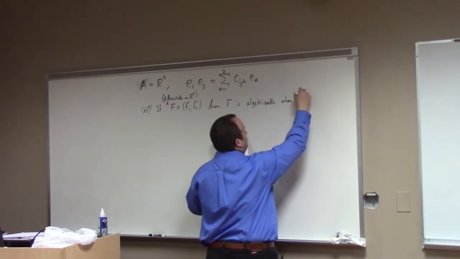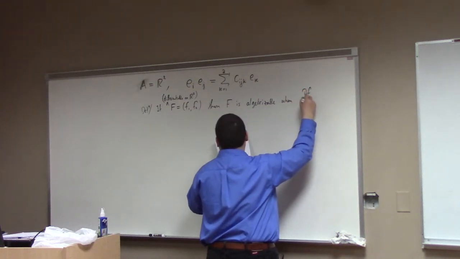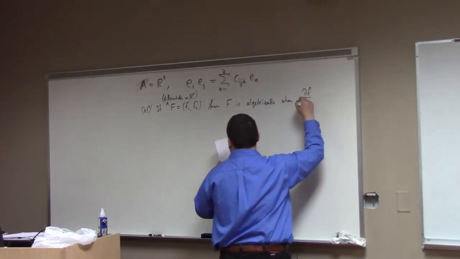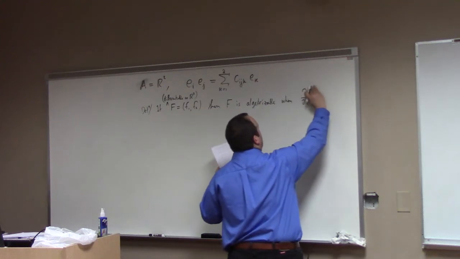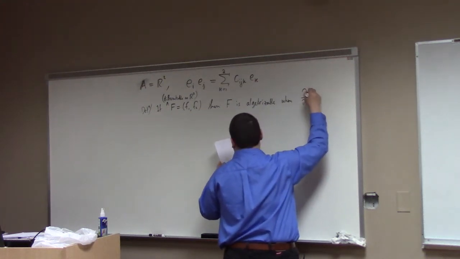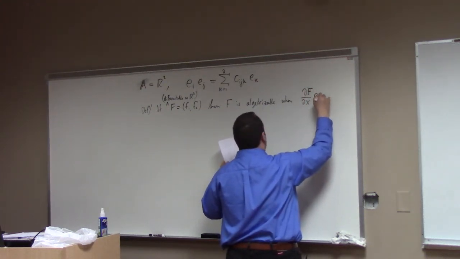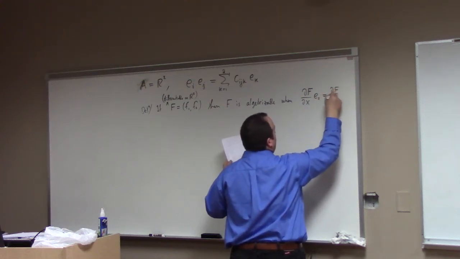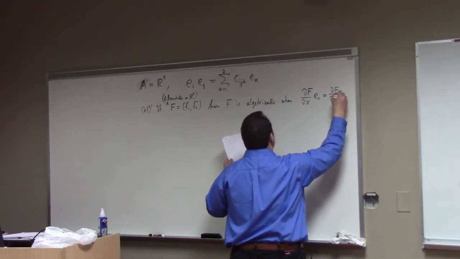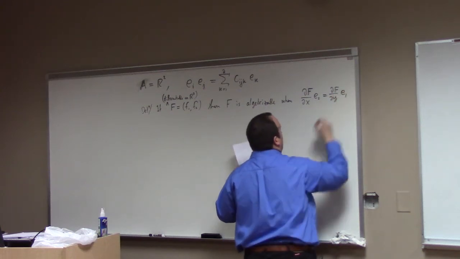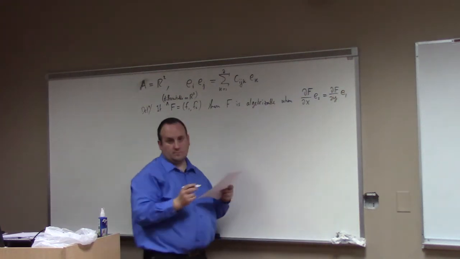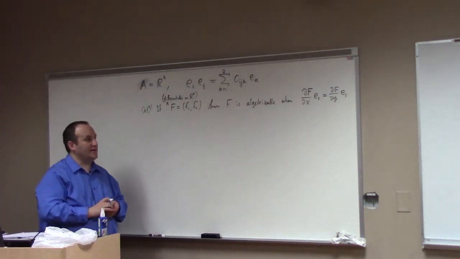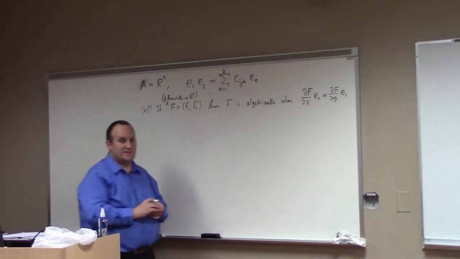And so the way that looks is the following: partial of big F with respect to x, times e2, equal to partial of big F with respect to y, times e1. This is a kind of sneaky way of writing the Cauchy-Riemann equations.